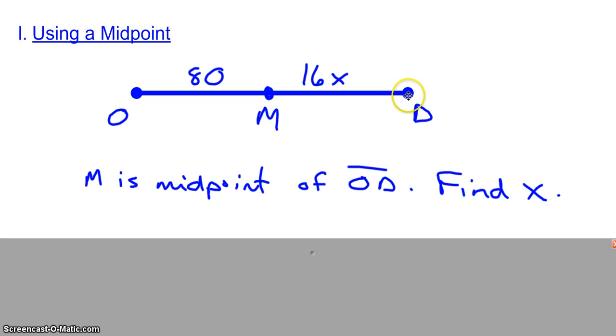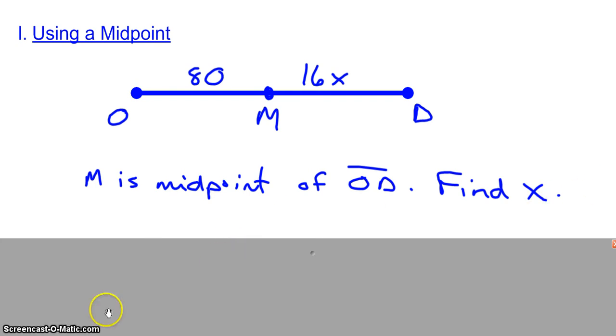M to D. What do they give you? 16x. Do you see that? 16x. What's the operation there? Multiplication. So 16x. So with this amount of information, we should be able to find x.